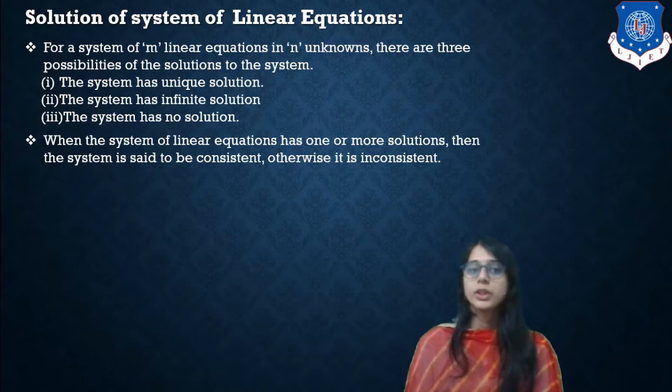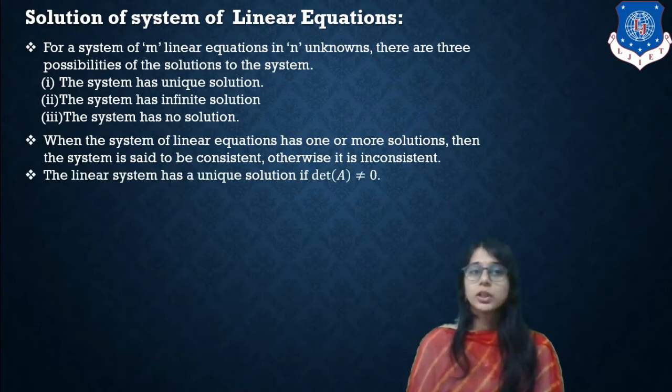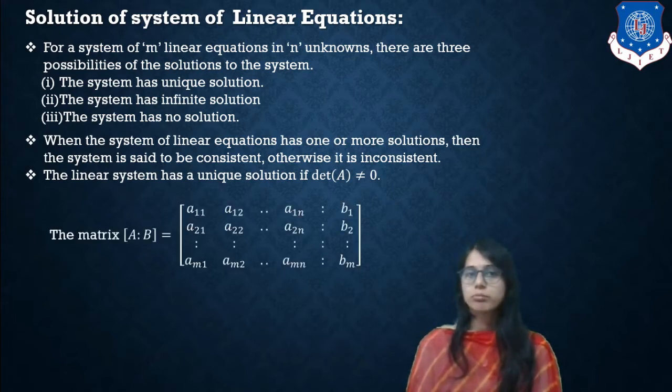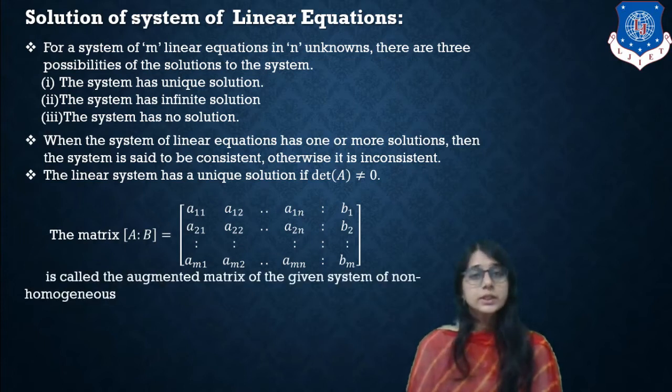Now, when the system of linear equations has one or more solutions, then the system is said to be consistent, otherwise it is inconsistent. The linear system has a unique solution if determinant of A does not equal 0. The matrix [A|B], that means a11, a12, a1n, b1, a21, a22, a2n, b2, am1, am2, amn, bm, is called the augmented matrix of the given system of non-homogeneous linear equations.